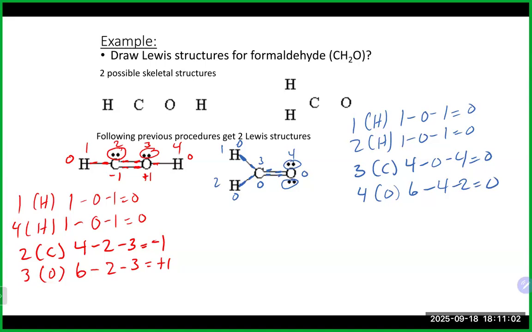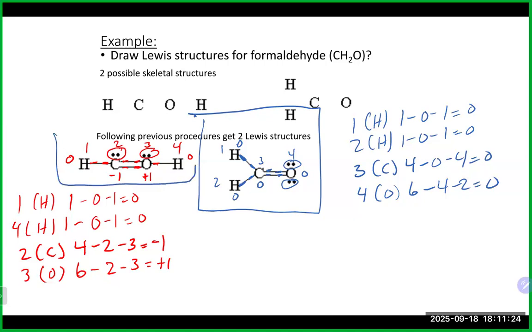So if you had to choose between the two structures based on formal charge, which one should be better? It should be the one on the right, as it has definitely minimized the formal charges. In fact, it has zeroed out everybody, which is the ideal situation. The other one is not so bad. It has +1s and -1s and mostly zeros, but we have the situation I was just talking about.